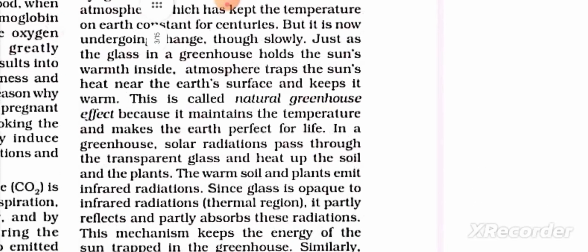But it is now undergoing a change slowly. Just as the glass in a greenhouse lets in the sun and warms the inside, the atmosphere traps the sun's heat near the earth's surface and keeps it warm. This is called the natural greenhouse effect because it maintains the temperature and makes the earth perfect for life.